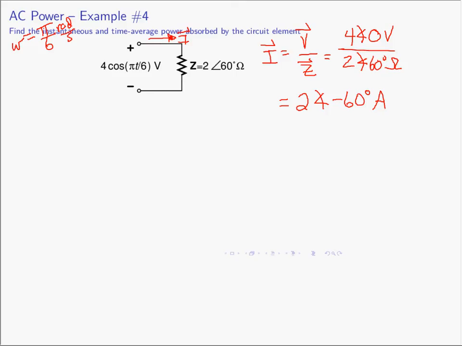So the question is, what is the instantaneous power in our impedance here? So the instantaneous power is 1/2 Vm.